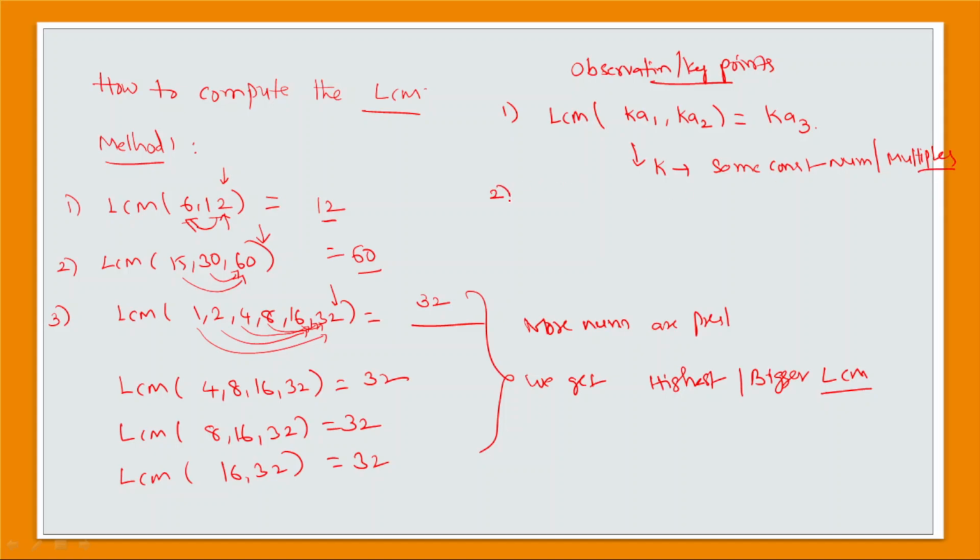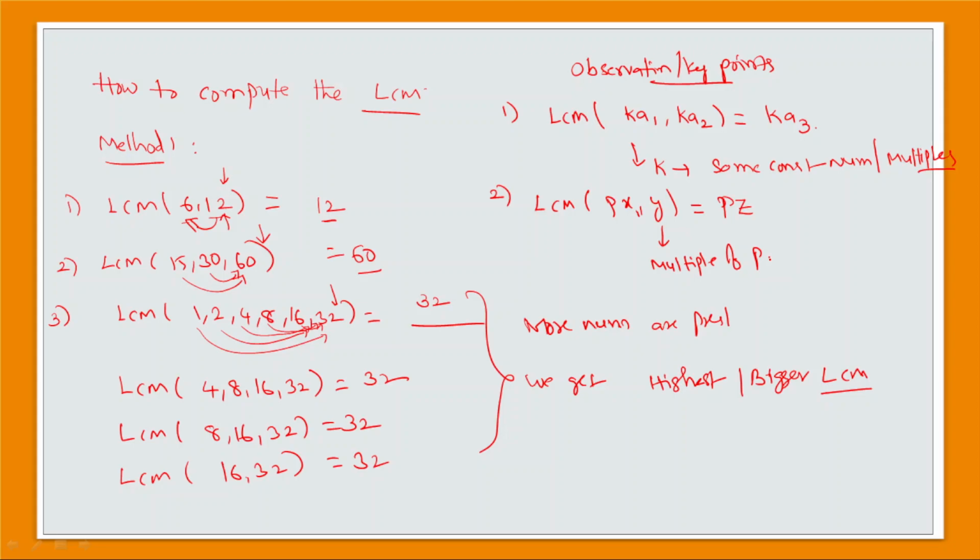Next, second point: LCM of p comma x1 comma y, that will be equal to y. Here y is a multiple of p.